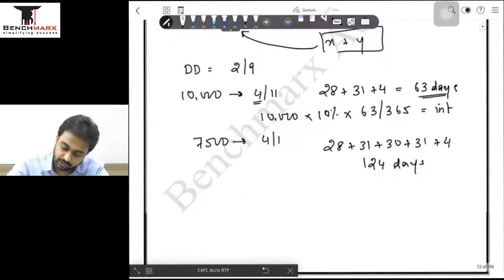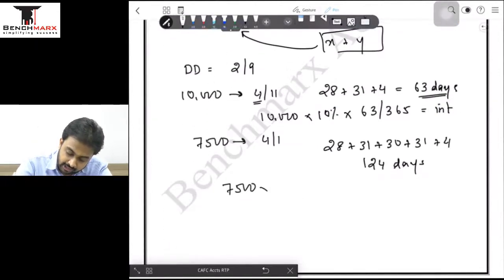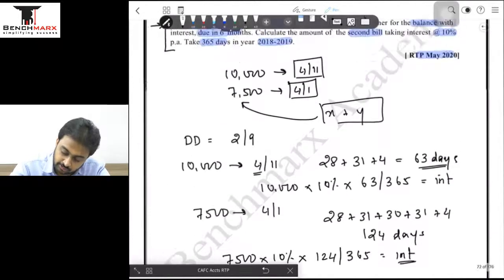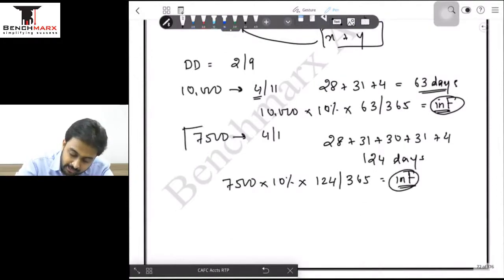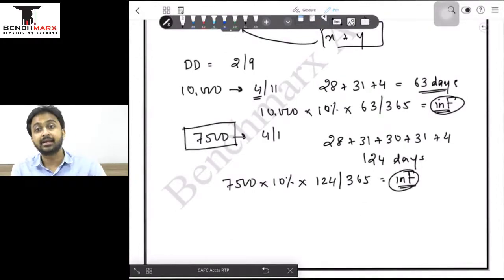Because of the late payment for these 124 days, interest will come. So on 7,500 at 10%, 124 upon 365 will be the interest component. This interest component plus the earlier interest component will be added in the second bill of 7,500 and it will be drawn.